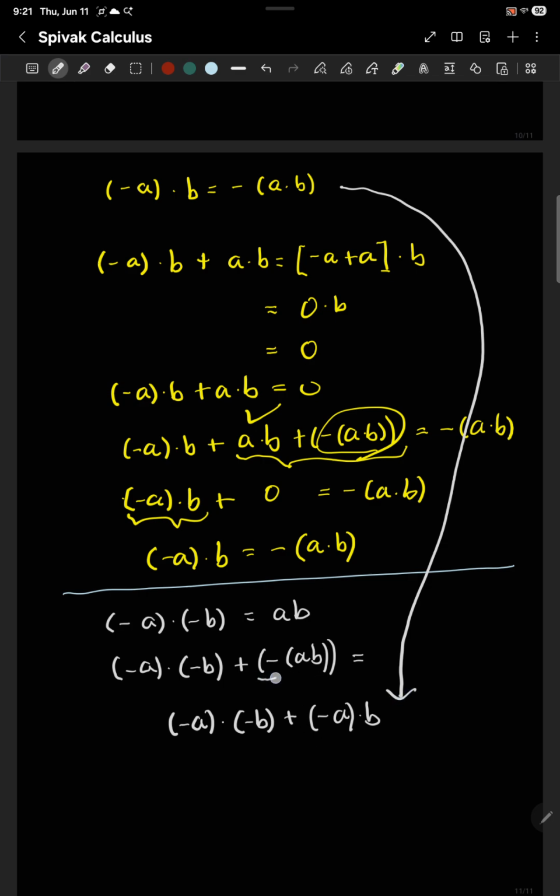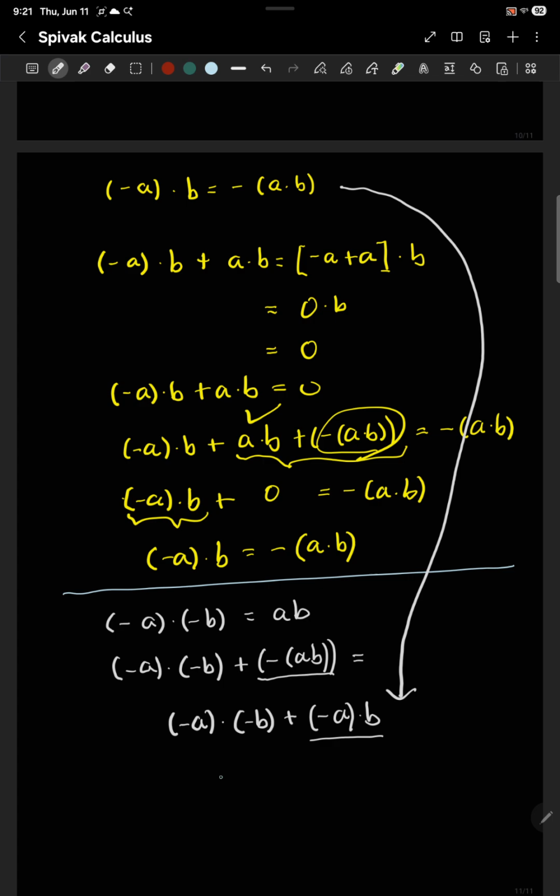This negative ab is in fact negative a times b, right? So we're using these statements we proved to deduce another statement one after the other, which is a cool thing in proof.